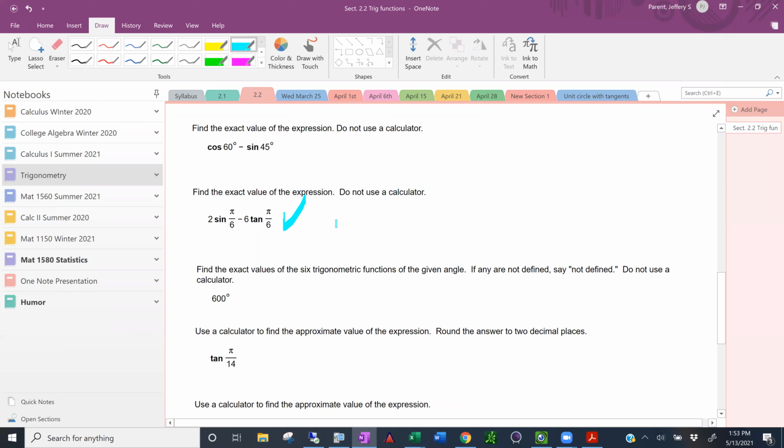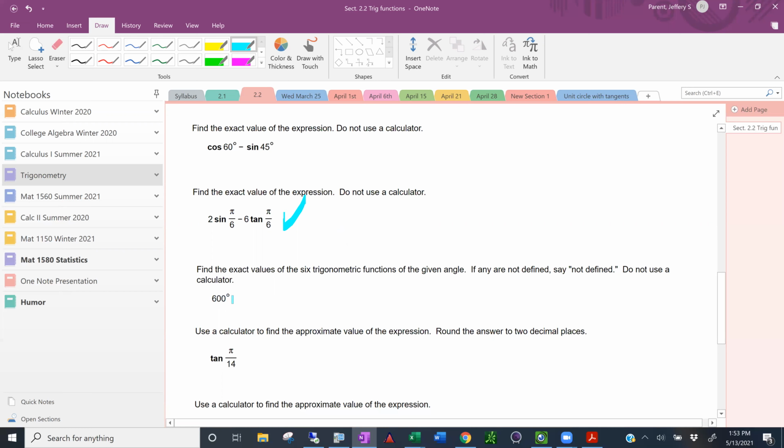All right. Now, the next one asks for the exact values of the 6 trigonometric functions. If they're not defined, say not defined. The not defined stuff typically happens at angles like 0, 90, 180, and 270, not at things that aren't a multiple of 90 degrees.